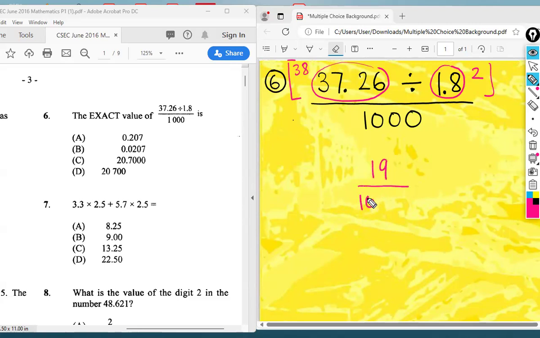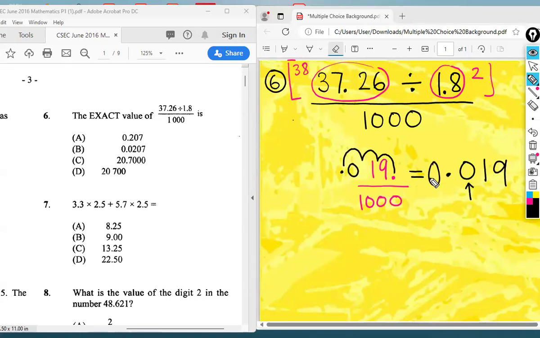And then I have to divide this by what? 1,000. Now, remember the decimal point is over here. When you divide by 1,000, it has 3 zeros, so you move the decimal point how much? 1, 2, 3. So the answer that we're going to end up with will be 0.019.